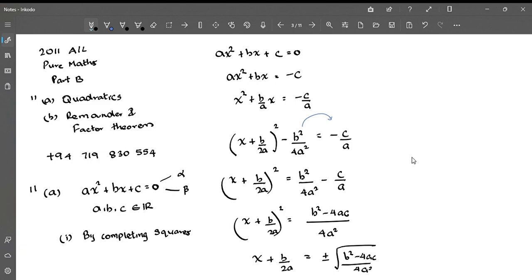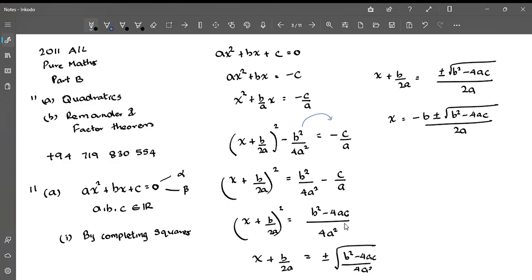Now the denominator 4a squared is a complete square, so x plus b over 2a equals plus or minus the square root of b squared minus 4ac divided by 2a. Take this to this side, x equals minus b plus or minus the square root of b squared minus 4ac divided by 2a. Now this x is actually the root, which means x equals alpha or beta. Based on whether you put plus or minus, it will give you alpha and beta.